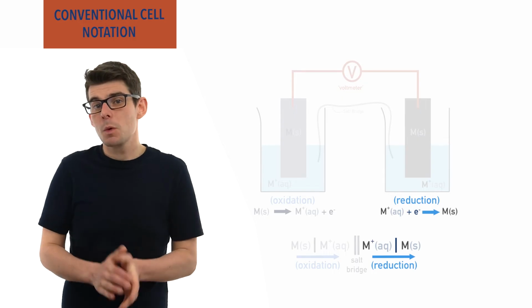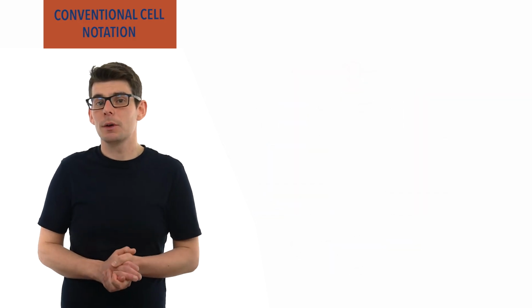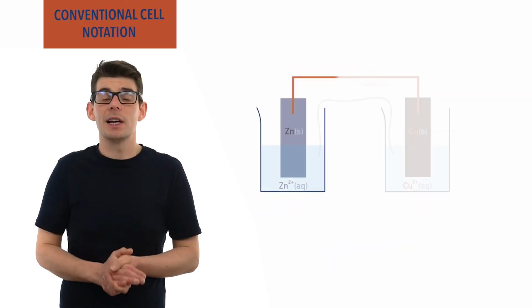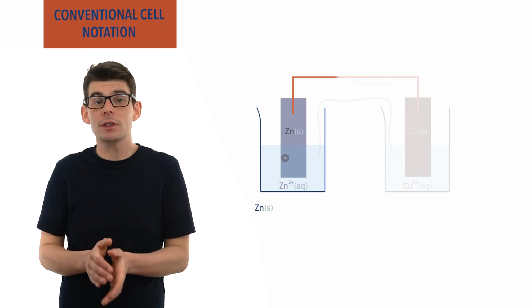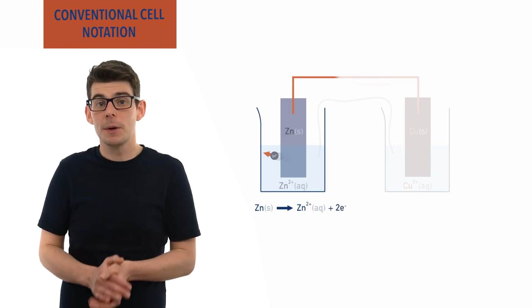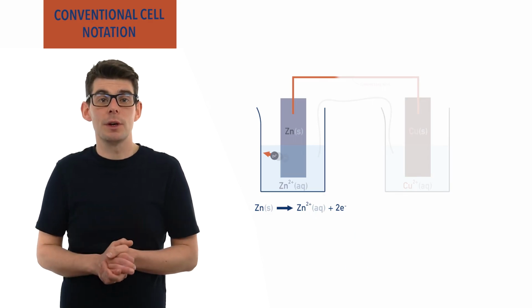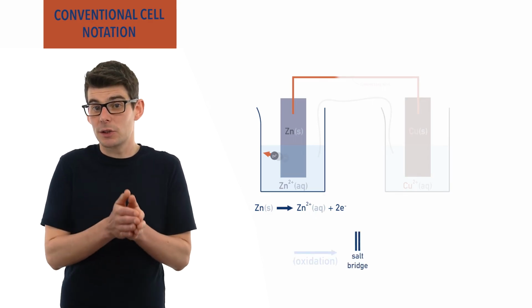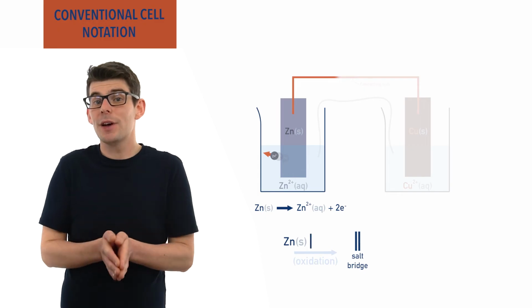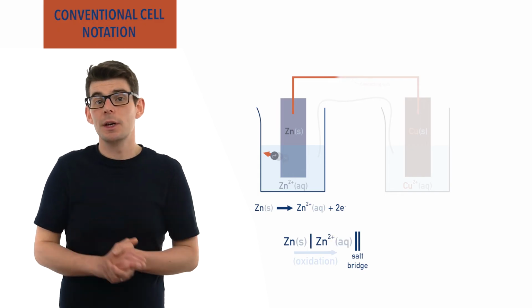For example, with a zinc and copper electrochemical cell, in the zinc half cell, the zinc solid will be oxidized to zinc 2+ ions, meaning this half cell would be on the left side of the salt bridge and would start Zn(s), followed by a line, then Zn2+(aq).